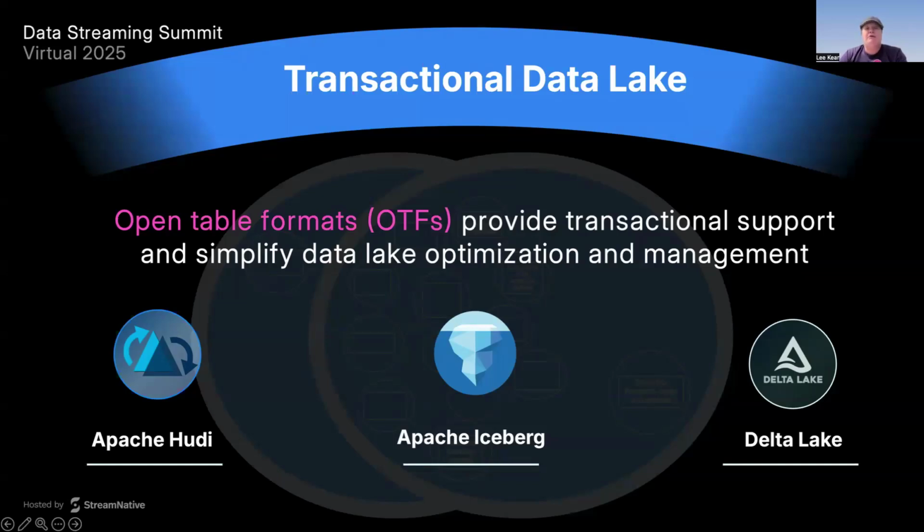Apache Hudi is an open source transactional data lake framework that greatly simplifies incremental data processing and data pipeline development. And Delta Lake is an open source storage framework that enables building of transactional data lakes with compute engines like Spark, Flink, Trino, etc., and also APIs.